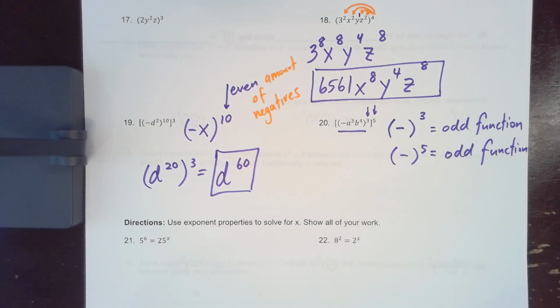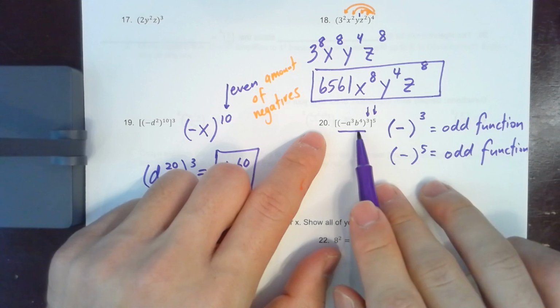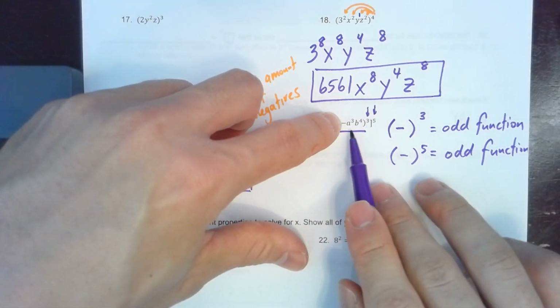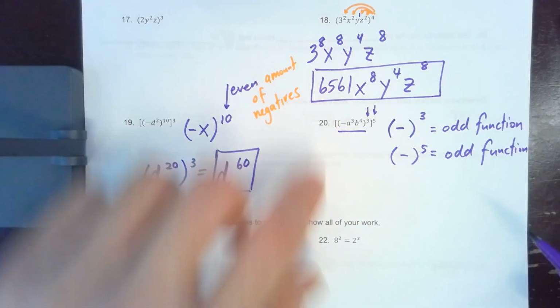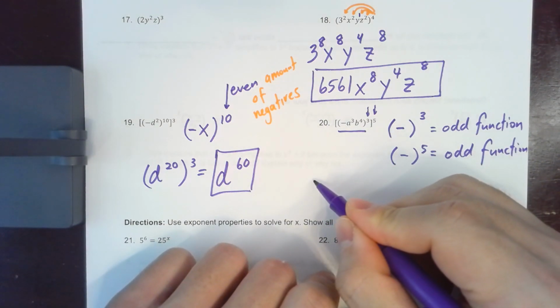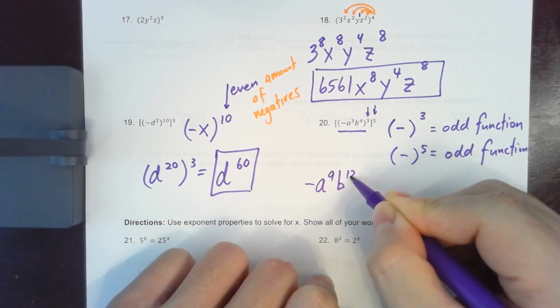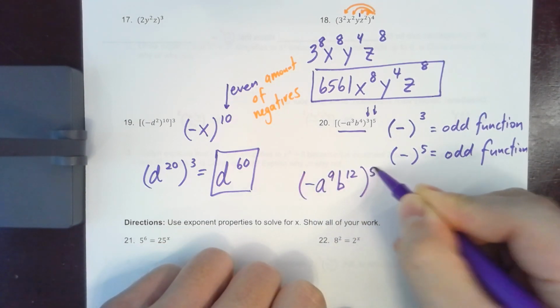So I can definitely explain this more in person, but it's just important for you to realize that before you try to distribute the 3 and distribute the 5, your final answer will be negative. Then you end up getting negative a to the 9th, b to the 12th, with a 5 on the outside.